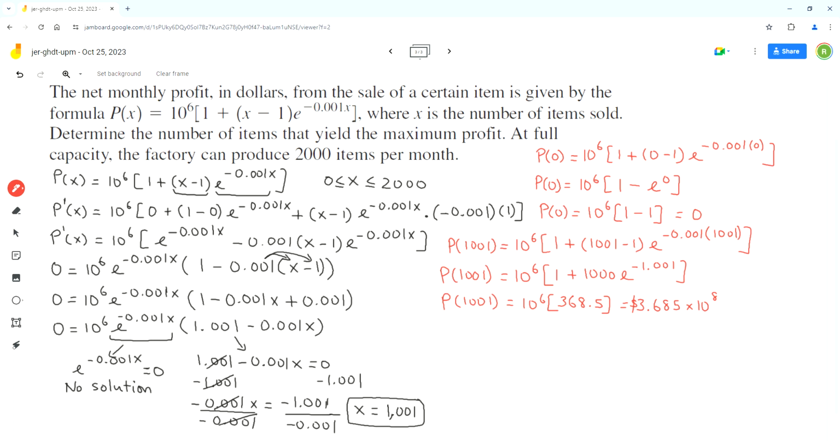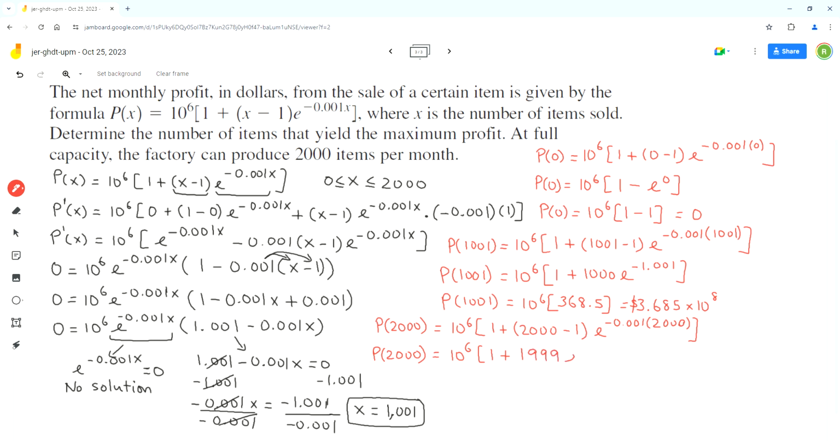Now we can do the calculation for 2000. So 2000 minus 1 is 1999.